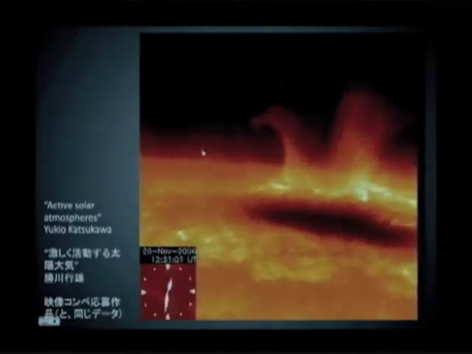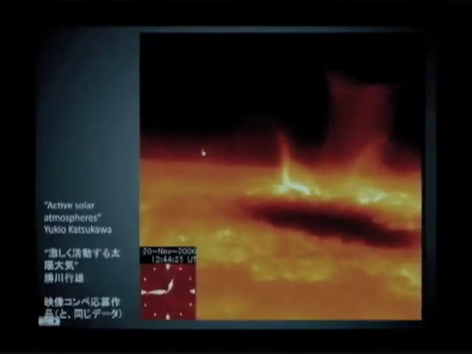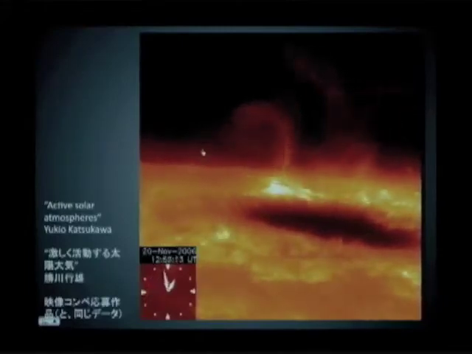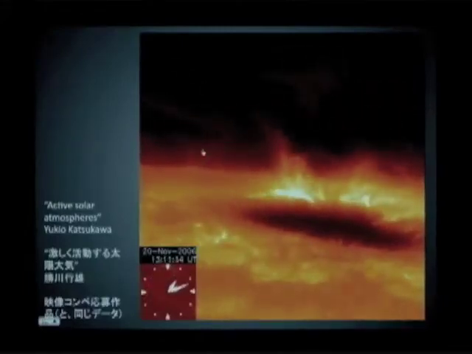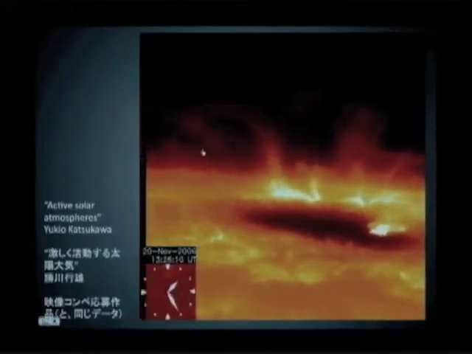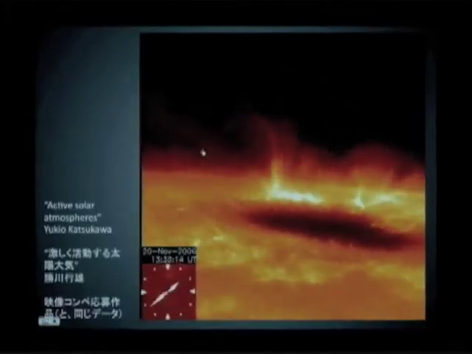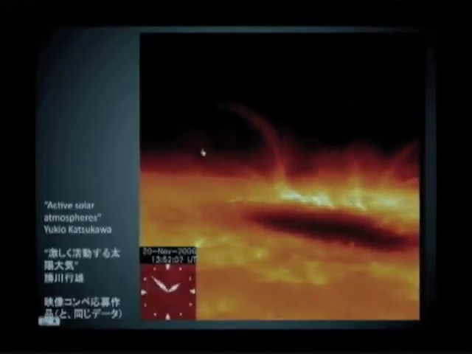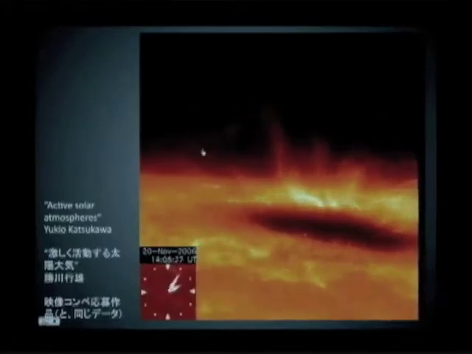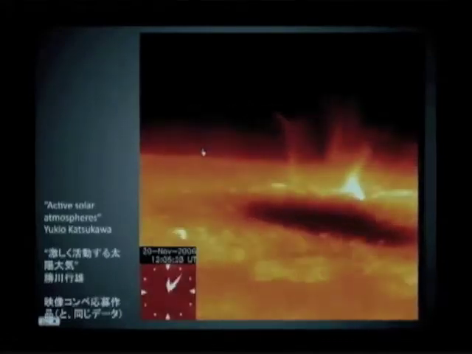Now, this is also an image taken by Hinode. There was a flare, and it is the same data as shown before, but with a slight difference. Inside the sun, calcium atoms exist, as well as calcium ions. From those atoms, a specific light is emitted.